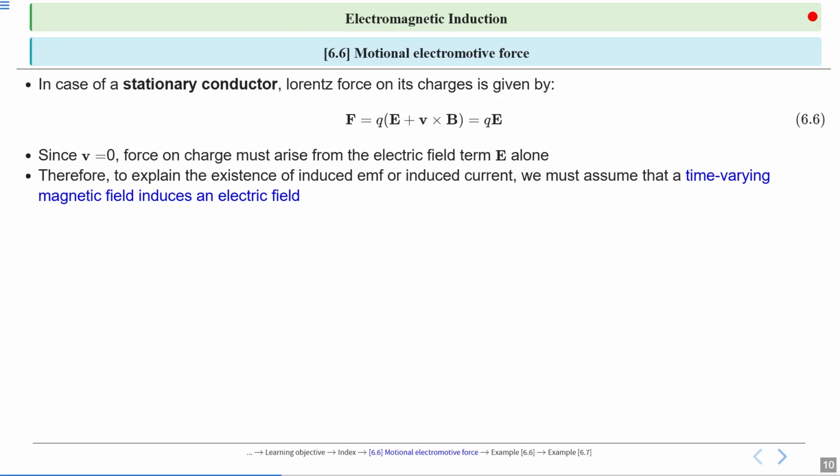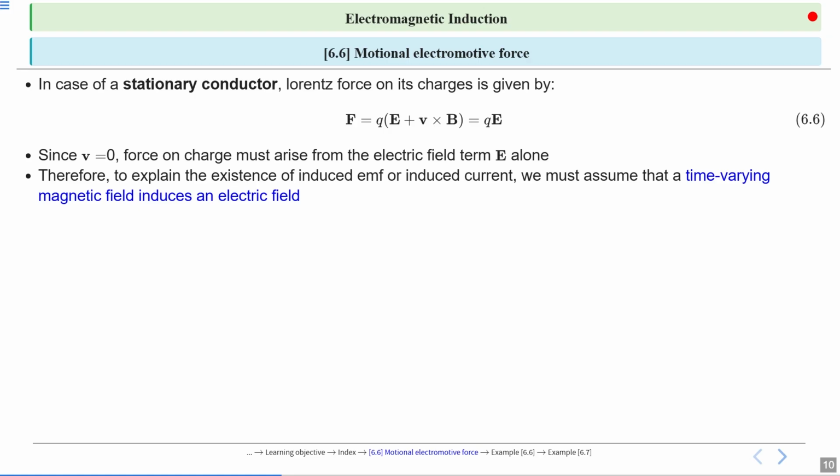These are the three methods to induce EMF in a conductor or a loop. The EMF induced due to the change of orientation of the loop is the principle of the AC generator, which we are going to discuss at the end of this chapter.